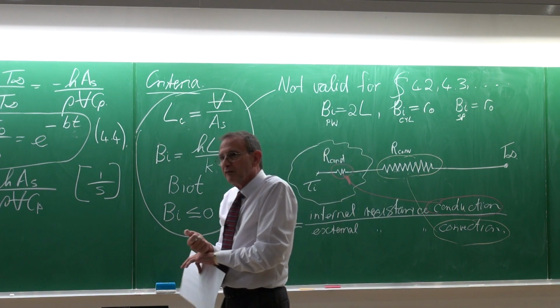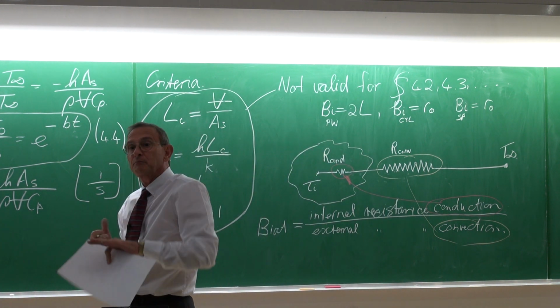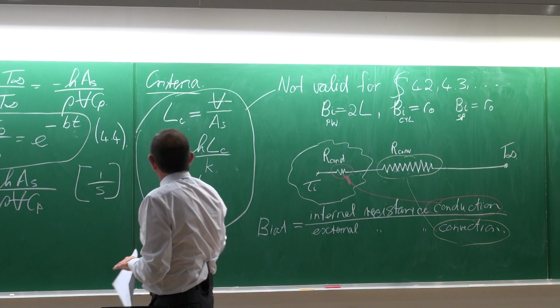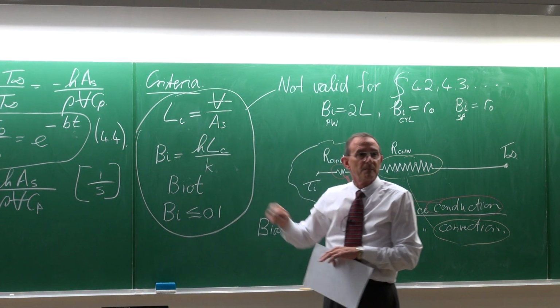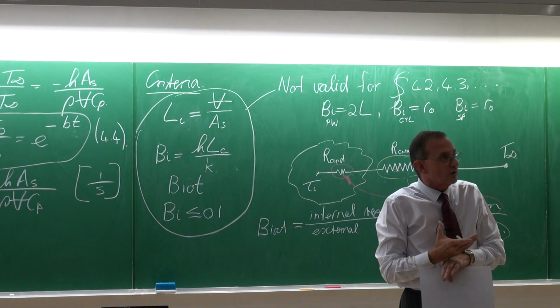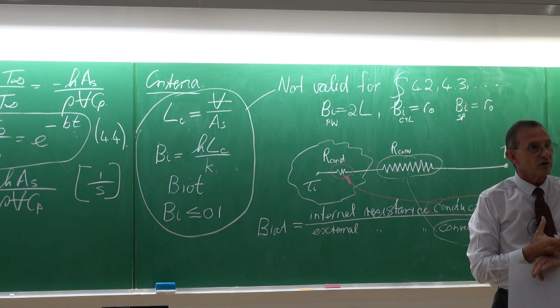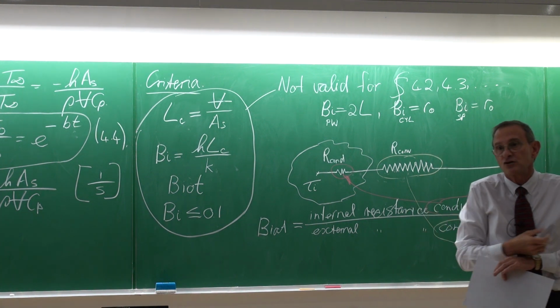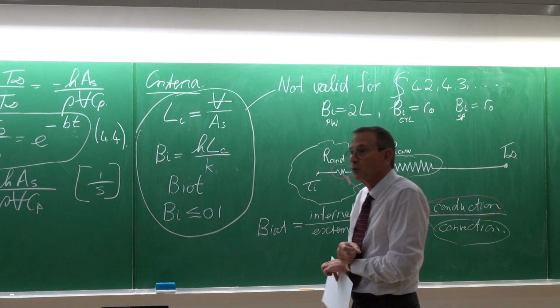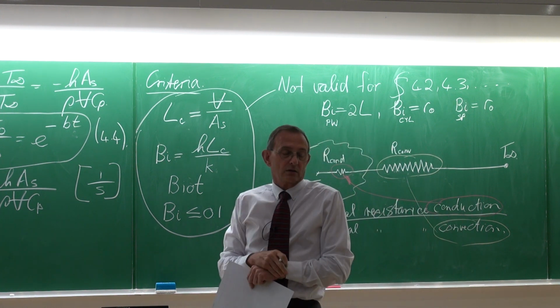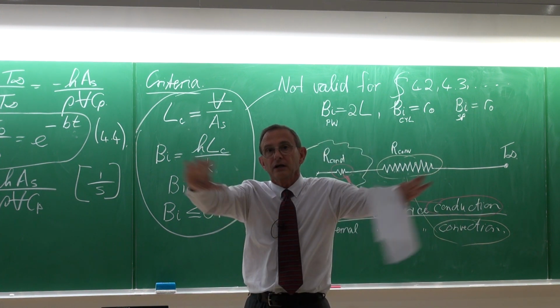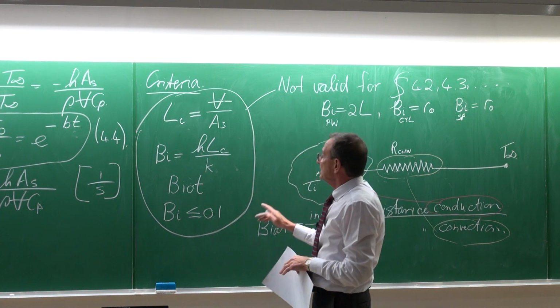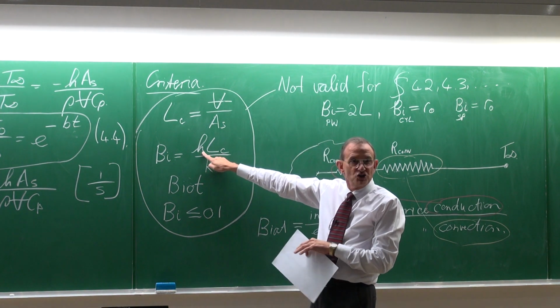However, if I would use a fan, a big fan, then the heat transfer coefficient will increase, and the heat transfer coefficient will even increase more if I do not use air, but for example, water. So if I use a water jet and I would spray it on you guys, the heat transfer coefficient will become larger.